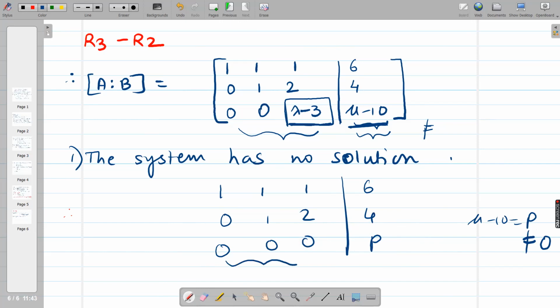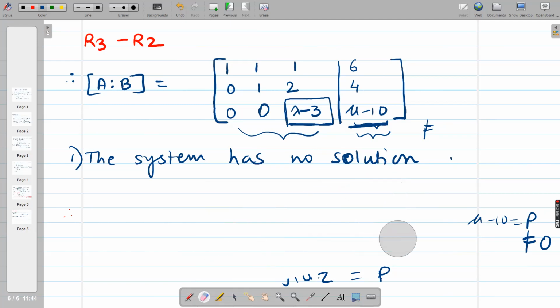So how is this possible? On the LHS you have entirely 0 values, 0y plus 0z, and that is equal to a non-zero entry. If the left hand side is equal to 0, the right hand side must be 0 in case of an equation, and therefore the system will not have any solution if lambda minus 3 is 0.